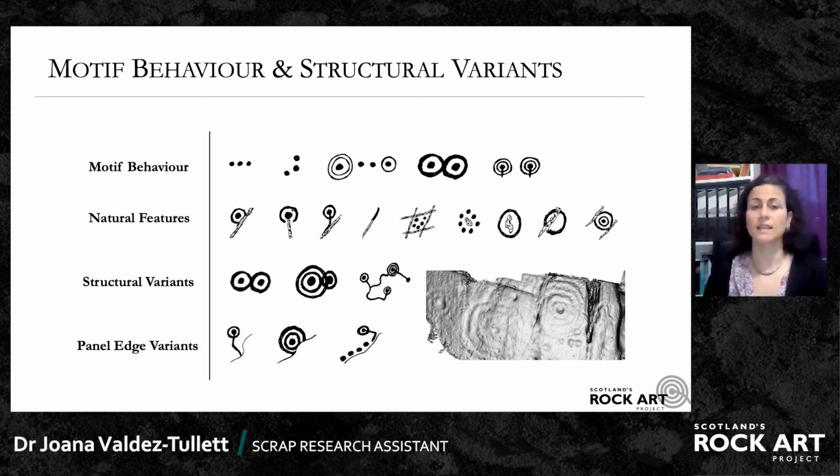It's important to say that superimpositions were thought to be absent in Atlantic rock art, but recently a few examples have been found, and we have been confirming this by finding a few other examples of this. So much of this identification is due to the detailed recording of the rock art with digital technologies.